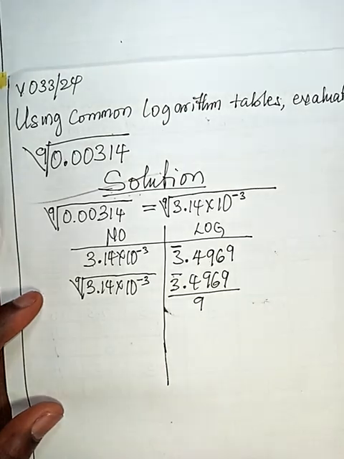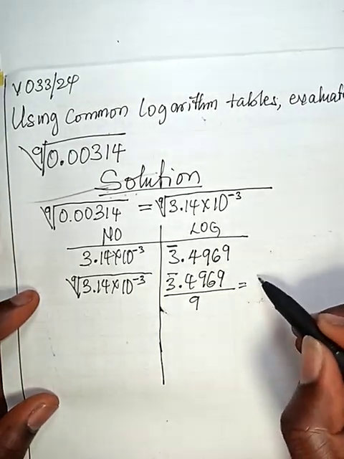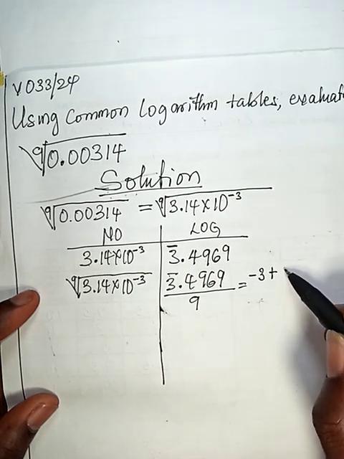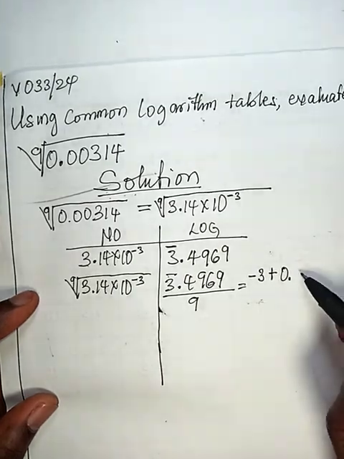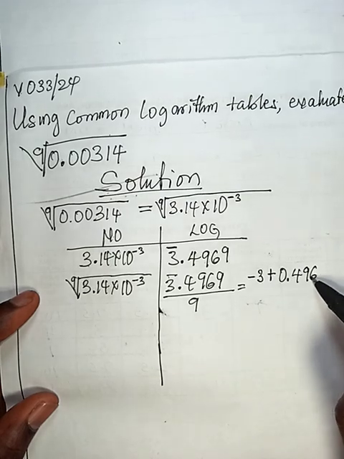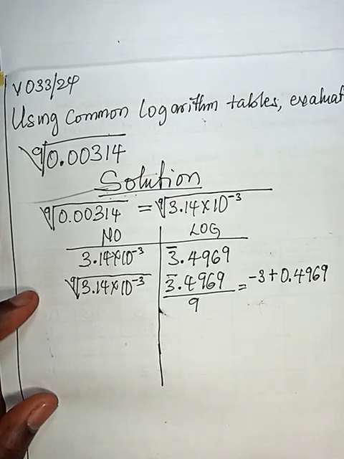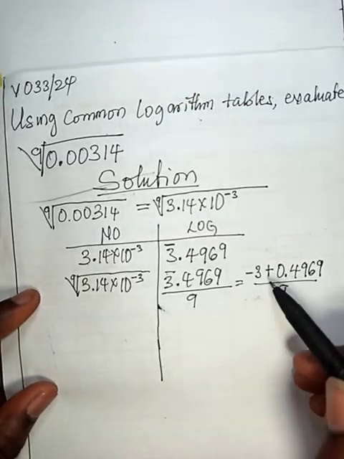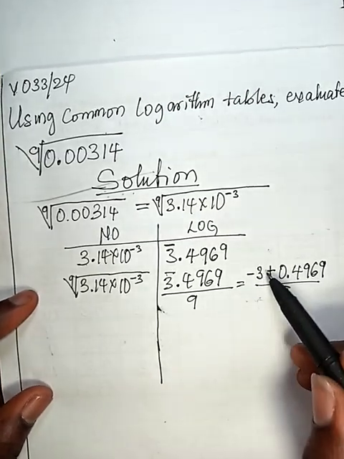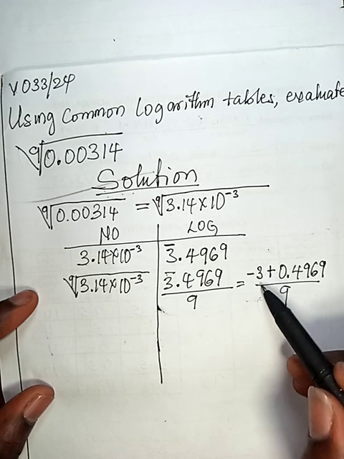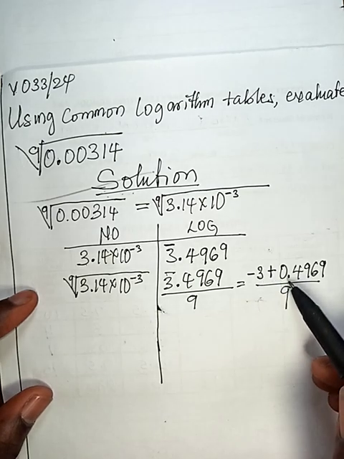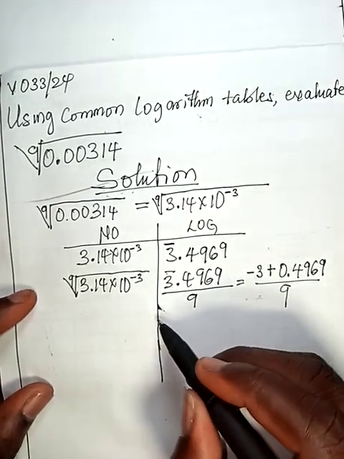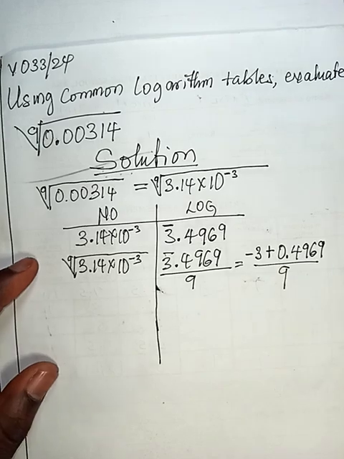In their forms, this number is the same thing as minus 3 plus 0.4969. So in this form, what will I do to make this divisible by 9? I'm going to subtract 6, and when I subtract 6, I will also add 6, so that it will cancel out.